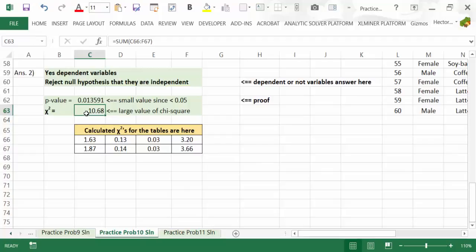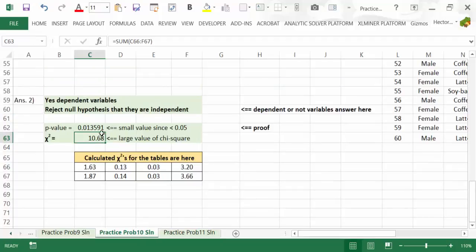So what's a large enough chi-square value? Well, it's all relative to the magnitude of these numbers here, but an easier way to do this is to calculate a p-value. And this is what we've done right here. This p-value is calculated using the chi-test function.